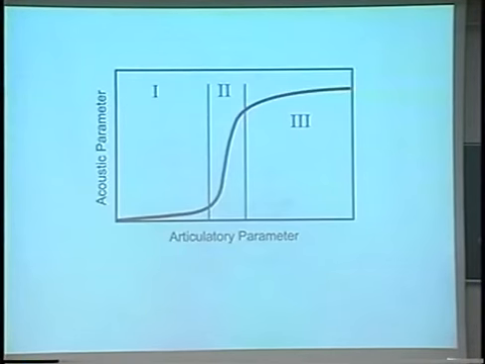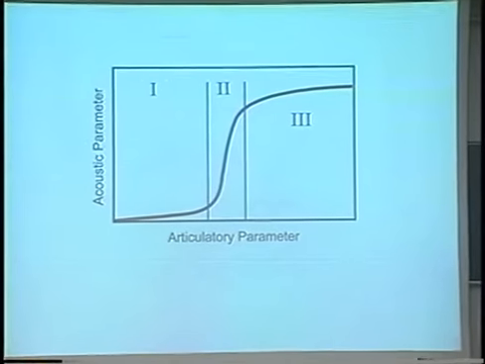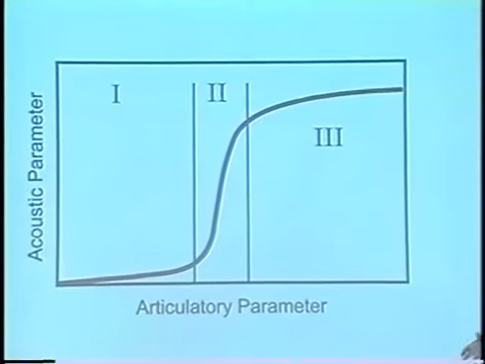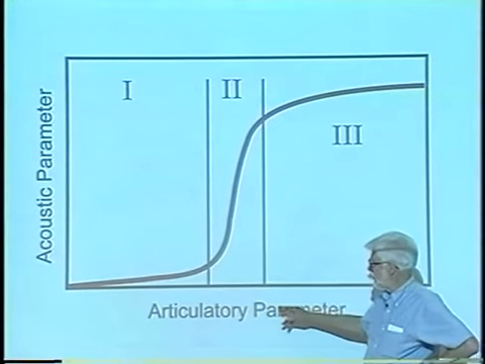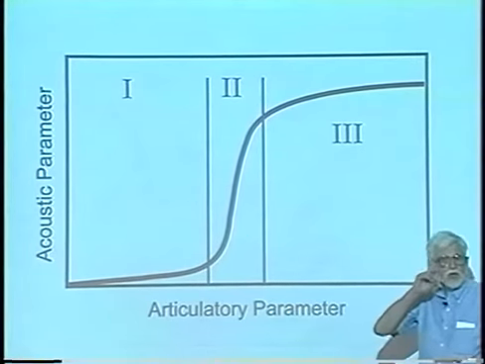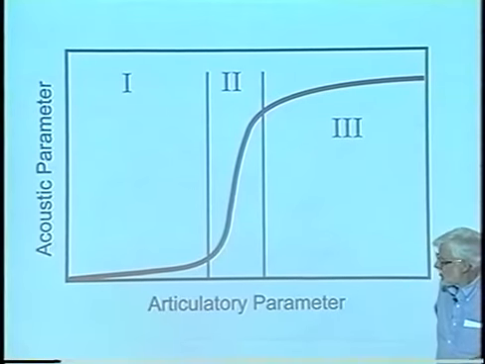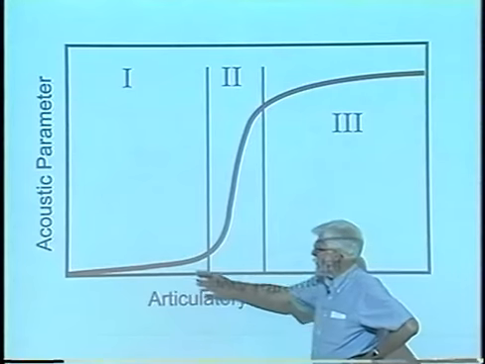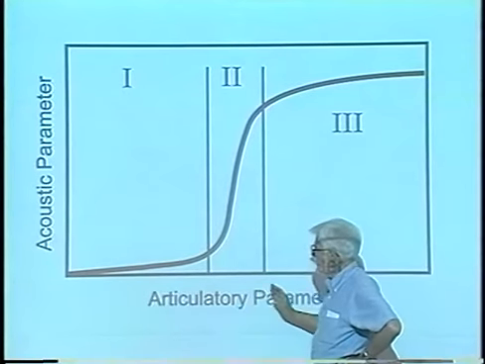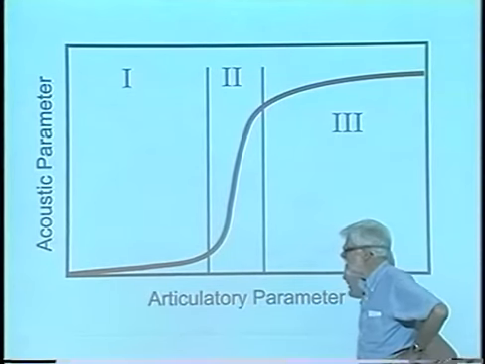Okay, so this is a picture I've shown many times before. Quite often what happens is if you manipulate some articulatory parameter, let's say the degree of opening of the mouth when you're making a stop or fricative consonant, for example, and you look at the acoustic consequence of making this change in articulation.